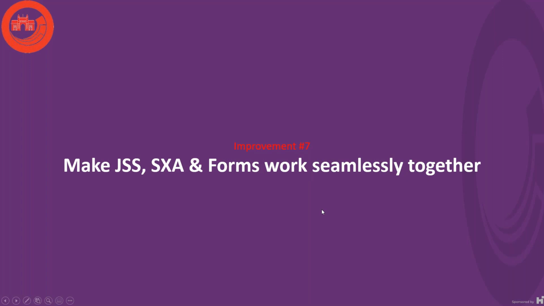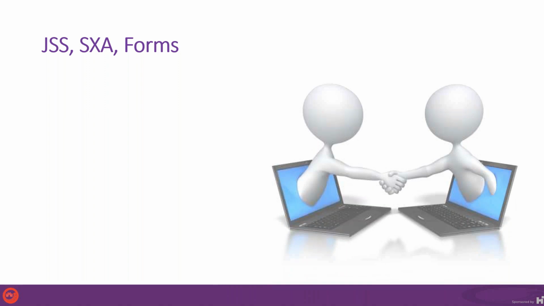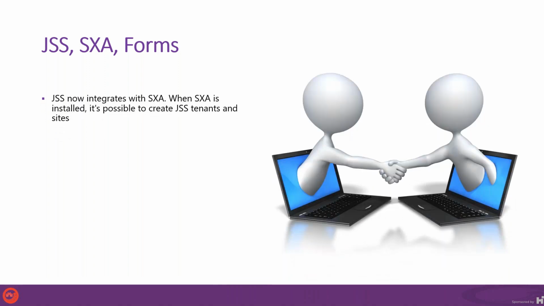The next improvement: JSS, SXA, and forms work seamlessly together. JSS is a complete SDK provided by Sitecore for JavaScript developers to build full-fledged applications using Sitecore and modern JavaScript libraries like Angular or React.js.